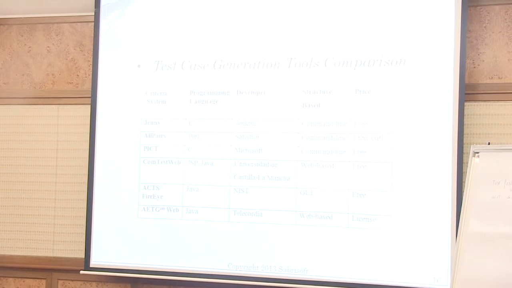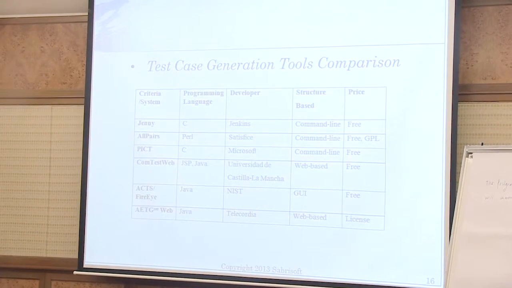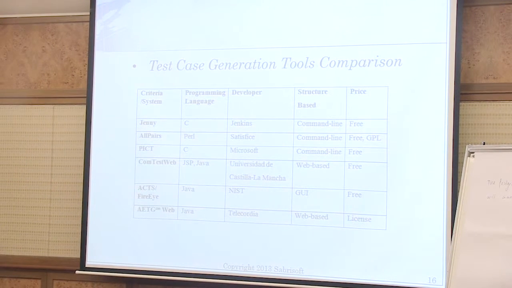We use the sample data, 10 parameters and 10 values for each parameter. So the outcome of this paper will be the test cases generated by this tool. We will compare the total number of test cases generated by this tool, so the results will be compared.